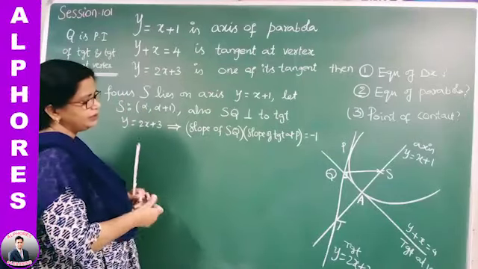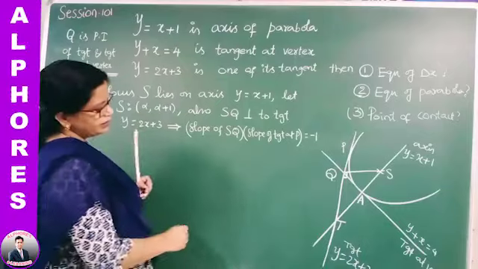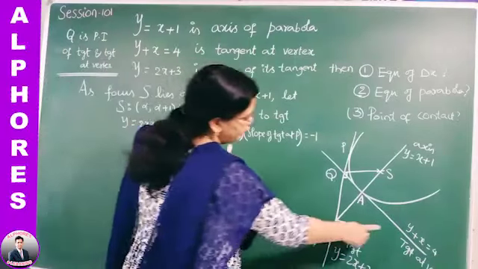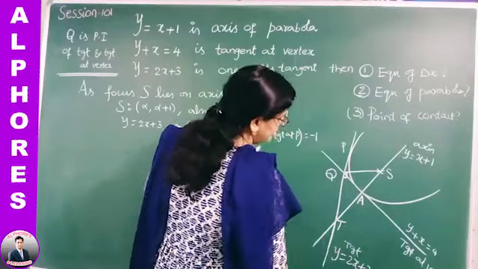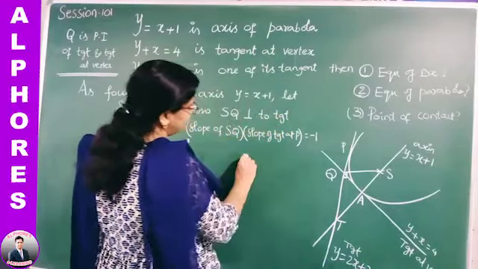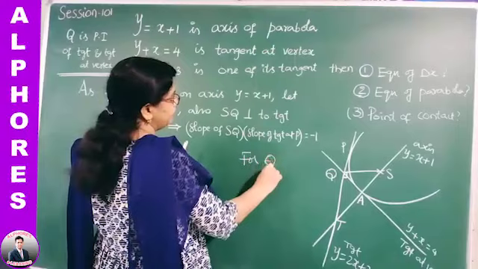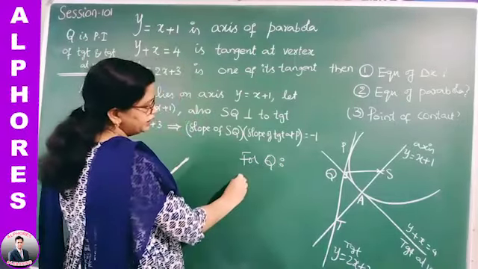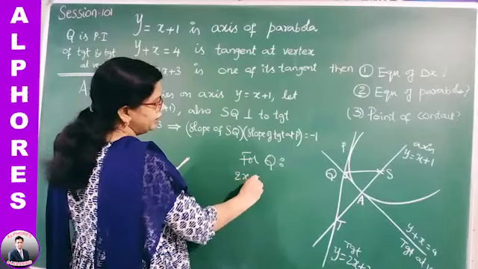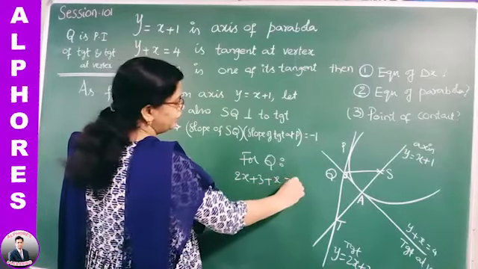The Q coordinates are found by substituting y plus x is 4, y is 2x plus 3. For the coordinates of Q we are substituting the point of intersection. So it is 2x plus 3 plus x equal to 4.